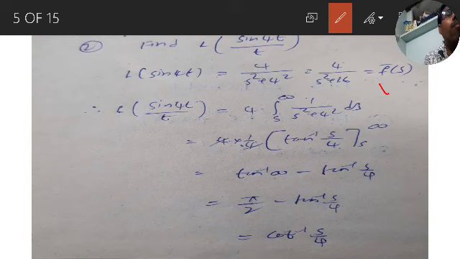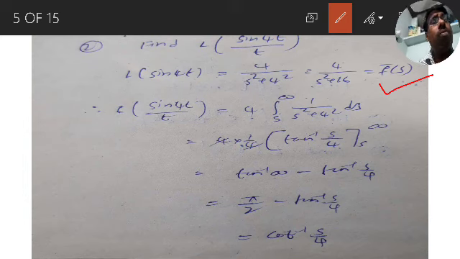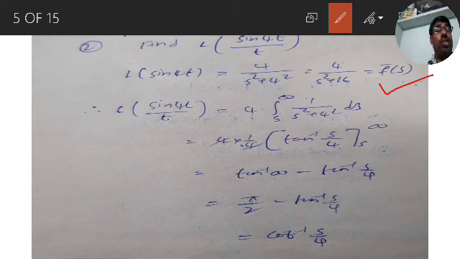So we got f bar of s. What is f bar of s, guys? 4 by s square plus 16. Yes, we got f bar of s.